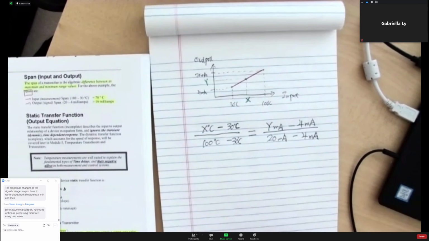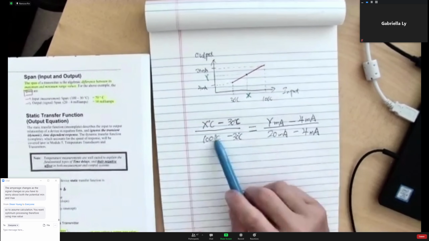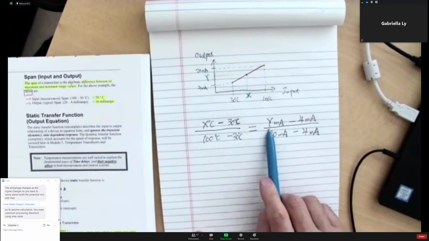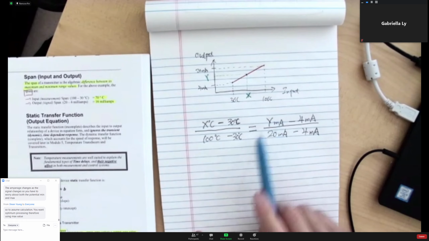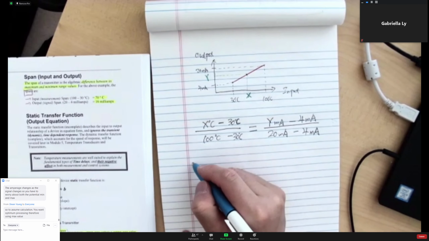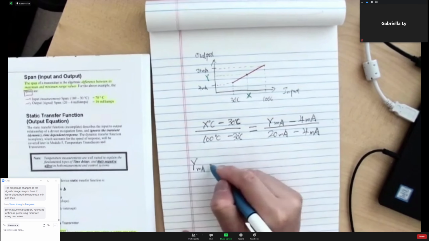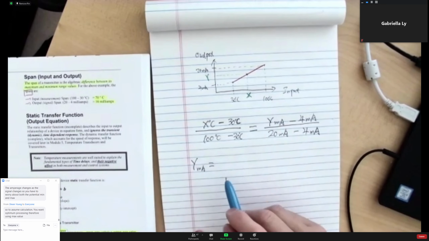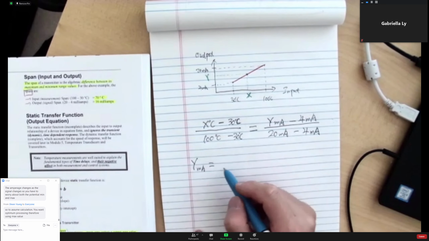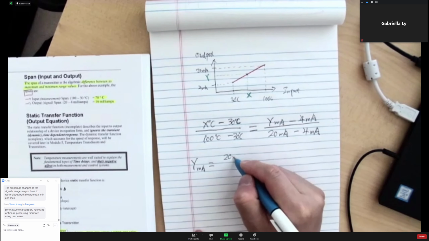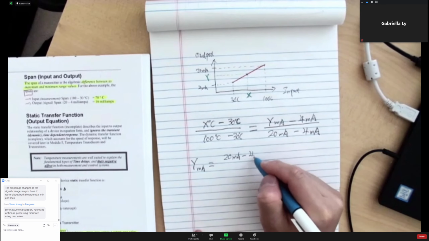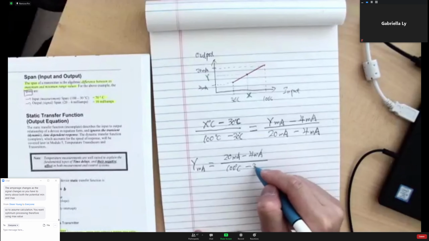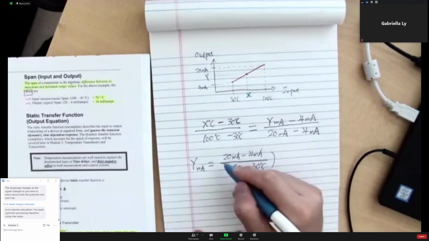We're going to convert this so that if you've been given this x value and you want to find the y value, you can do this. Your y milliamps is going to equal, because we want to find this value, 20 milliamps subtract 4 milliamps over 100 degrees subtract 30 degrees.